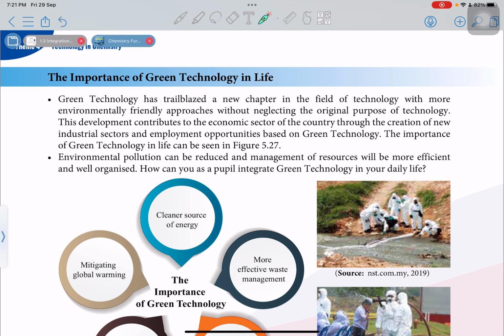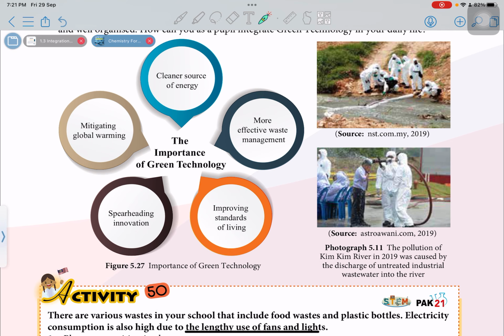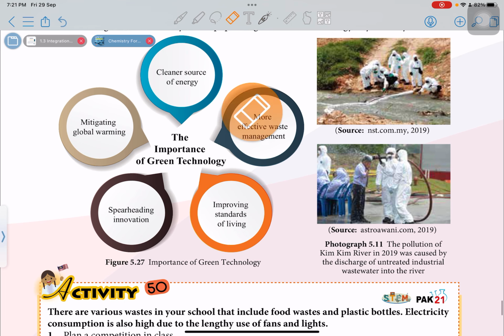Then the importance of green technology in our life. So the importance of green technology: cleaner source of energy, more effective waste management, improved standards of living, spearheading innovation and mitigating global warming. So katakanlah ada soalan keluar, the importance of green technology. So it's more like soalan kebat lah.